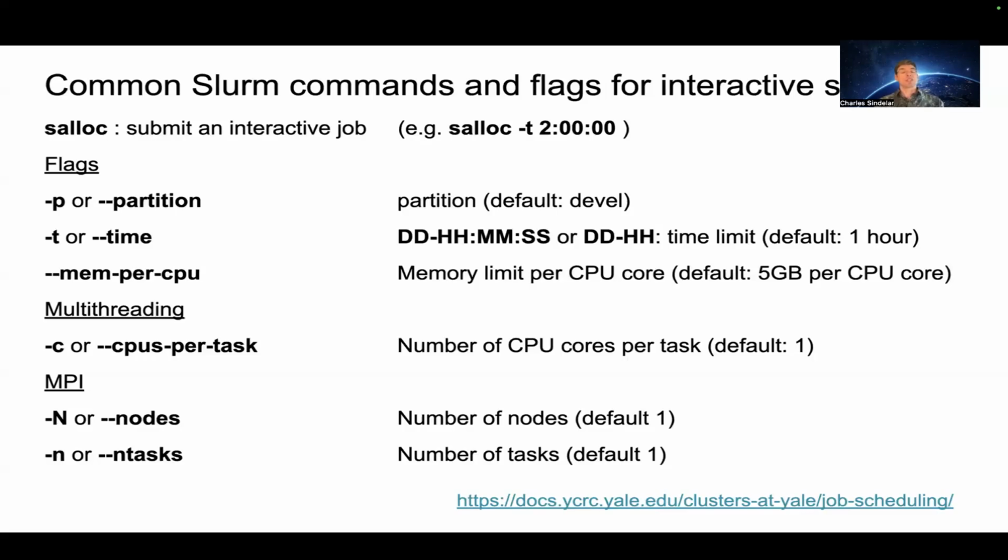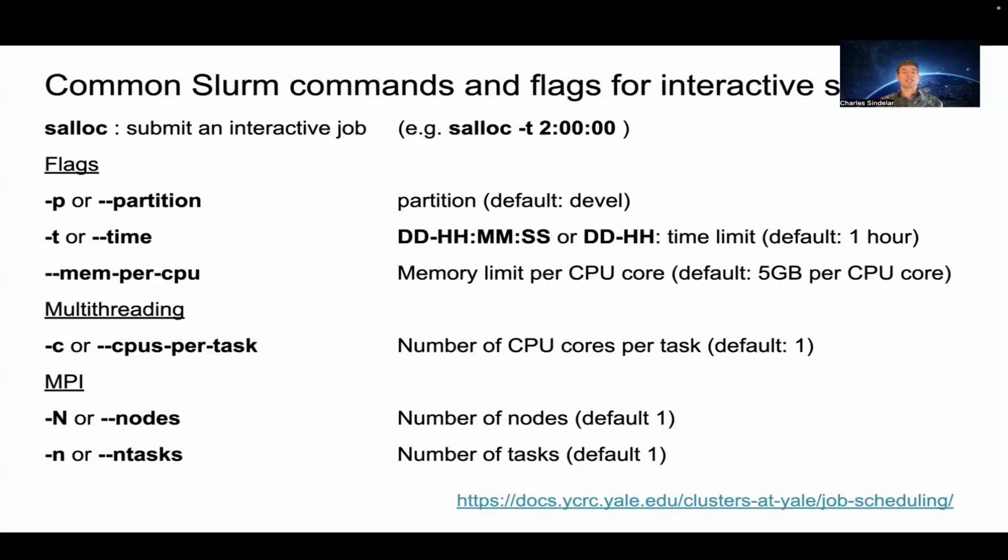Another important flag is the multi-threading option, CPUs per task, which is -c. The default for this is 1, but when you have jobs that can be parallelized, as we will discuss, you can increase that number. And related to parallel jobs, there are flags or options that are specifically related to the MPI parallel system.